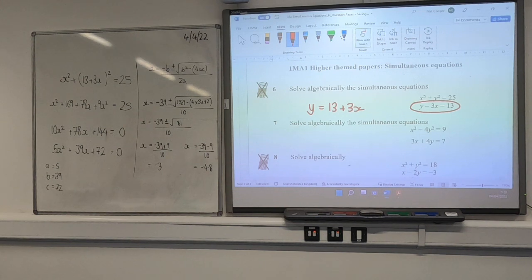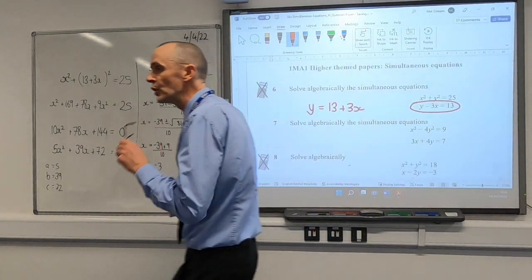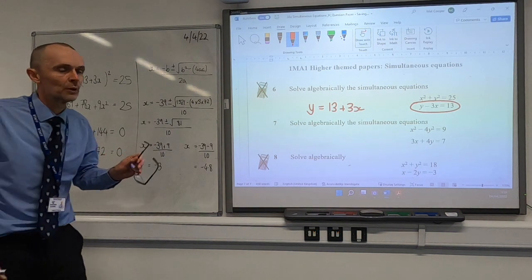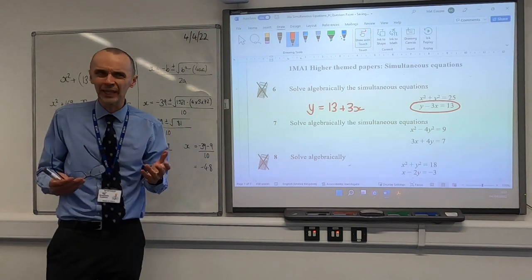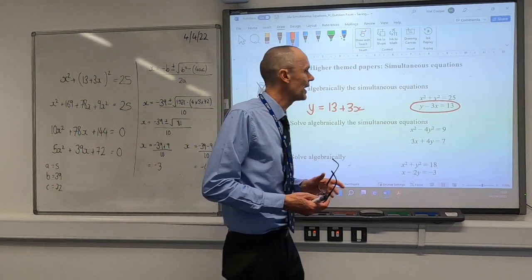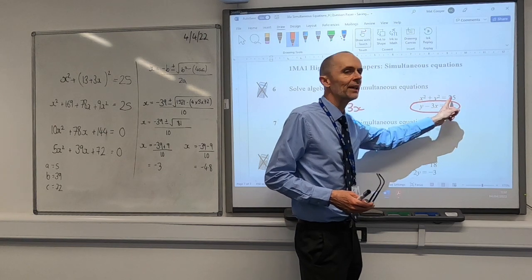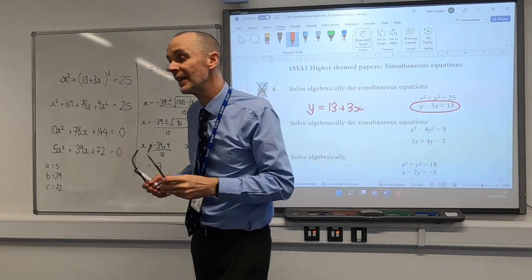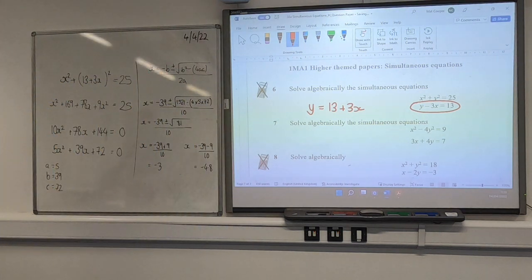Okay, so I've got my x values, but we've got to remember that this is a problem with y and x. What we're doing here, if you remember, is we're saying there's lots of x and y values that make that first equation work, and there's lots of x and y values that make that second equation work, but there are two pairs of values that make both equations work at the same time.